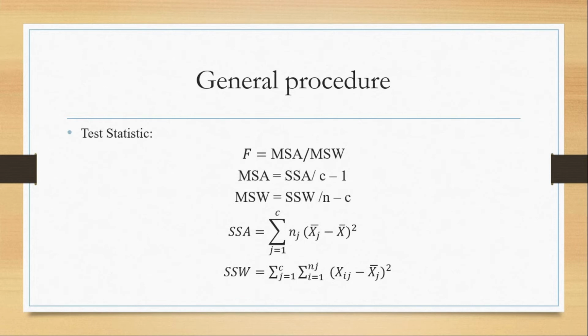Test statistic: the F test statistic is equal to the mean square among the groups divided by the mean square within the groups.